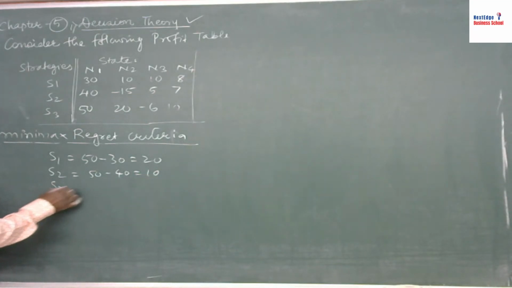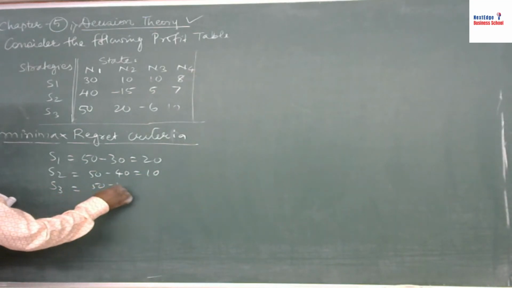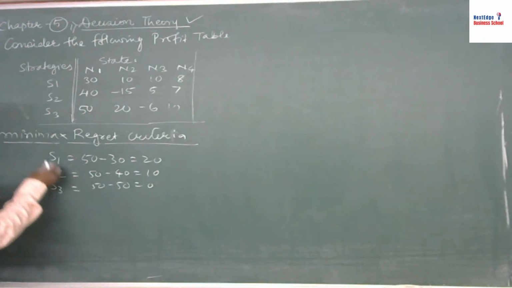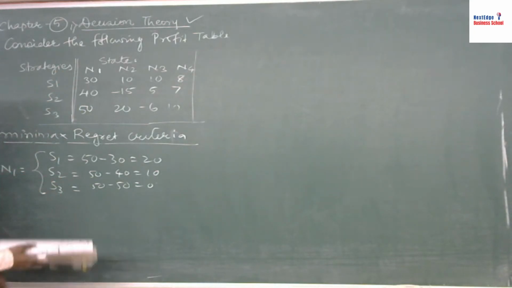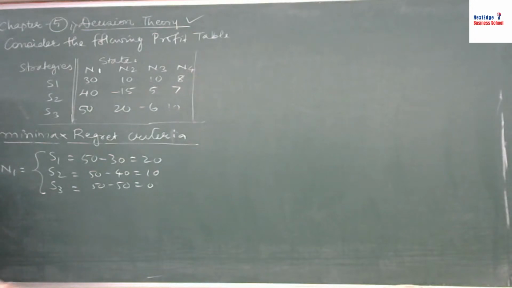For S3 50 माइनस 50 रिग्रेट कितने का है 0 का है. तो ये तीनों किसके लिए हुए N1 के लिए हुए. This is the regret for N1 है ना, S1 S2 और S3. Likewise we can do it for the N2 as well.